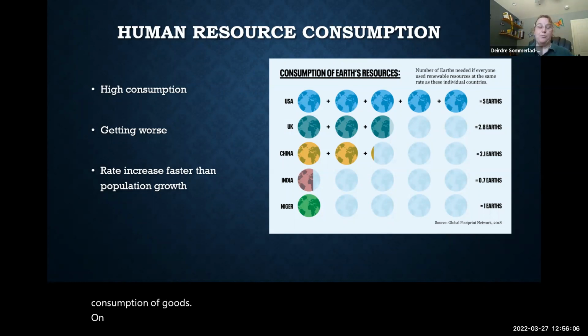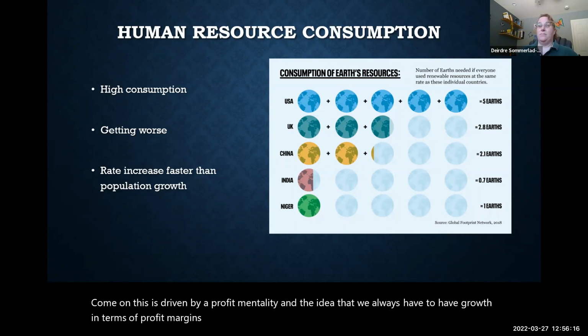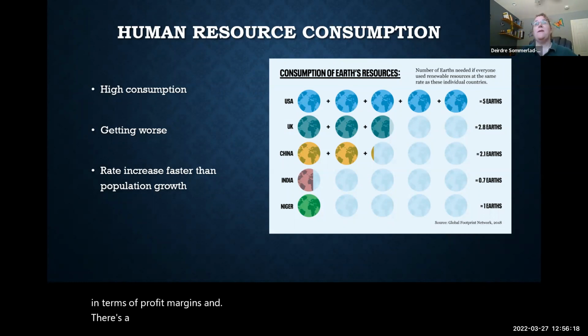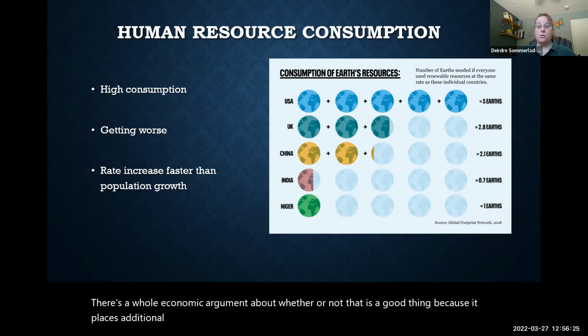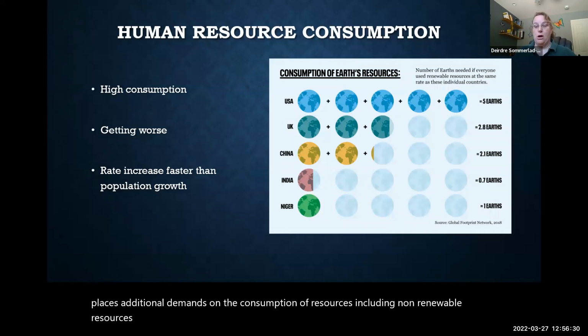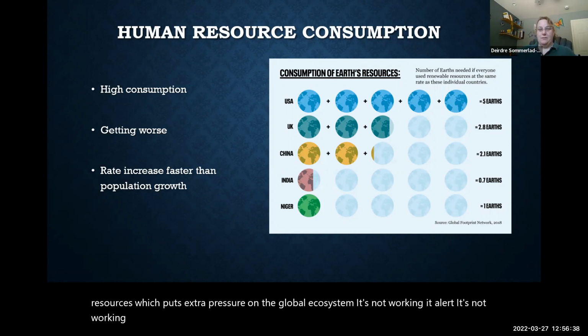And this is driven by a profit mentality, the idea that we always have to have growth in terms of profit margins. And there's a whole economic argument about whether or not that is a good thing, because it places additional demands on the consumption of resources, including non-renewable resources, which puts extra pressure on the global ecosystem. It's not working. Spoiler alert, it's not working out well. Consumption is a little bit out of control.